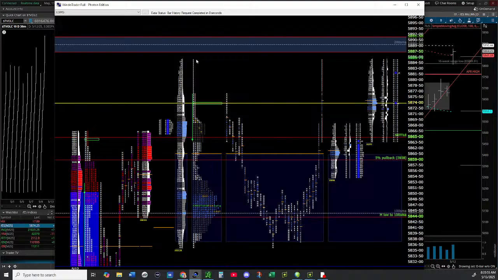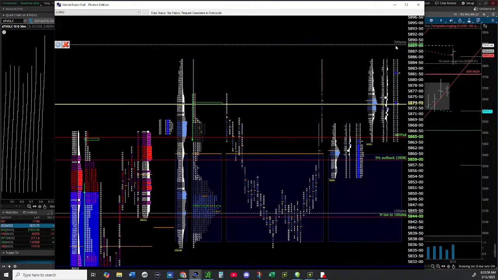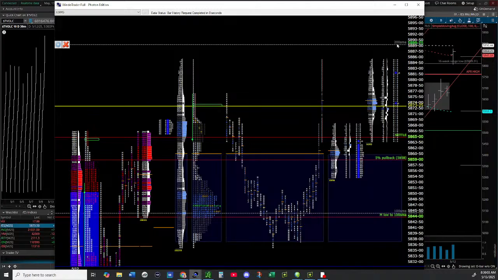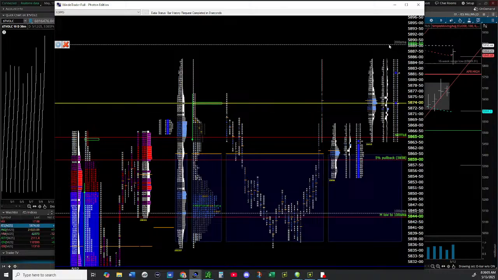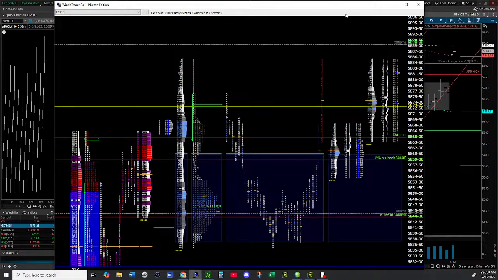We have a high that has been made in the overnight, and it is very close to the 200 SMA here. This is an important, relevant reference.